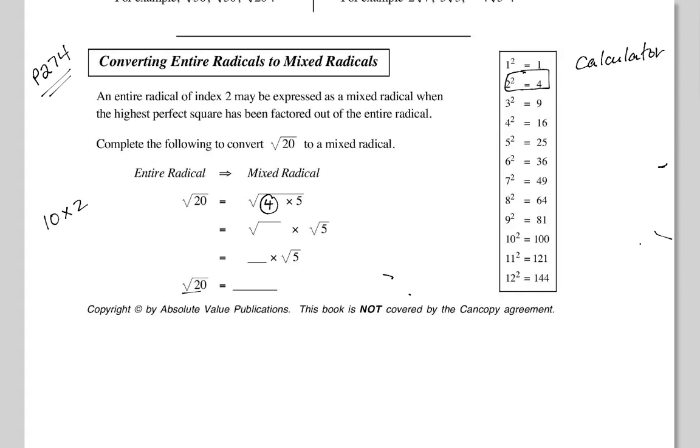Okay. So what they do is they split the radical in this step. And then they simplify the perfect square. The square root of 4 is 2, because 2 times 2 is 4. And then you just rewrite it like this, 2 root 5.